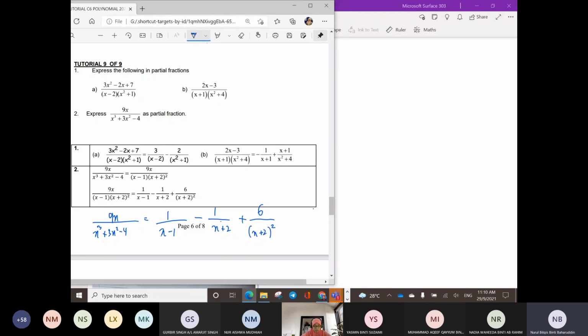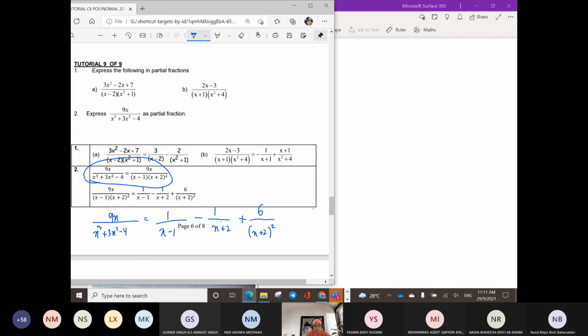If in exams and also in the mark scheme the final answer is like this, 9x over x cubed plus 3x squared minus 4, instead of 9x over (x minus 1)(x plus 2) squared, you will be safe, because you already mentioned it here.